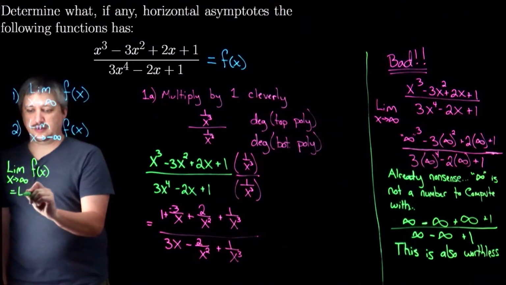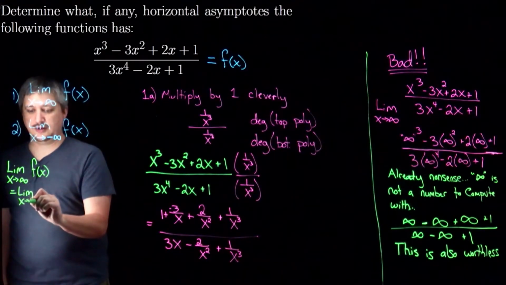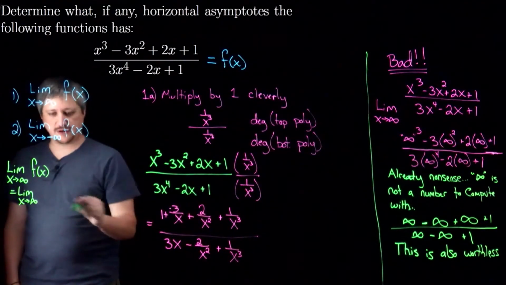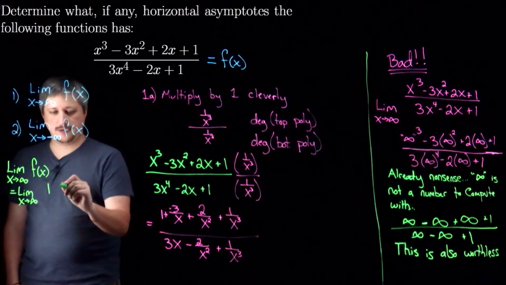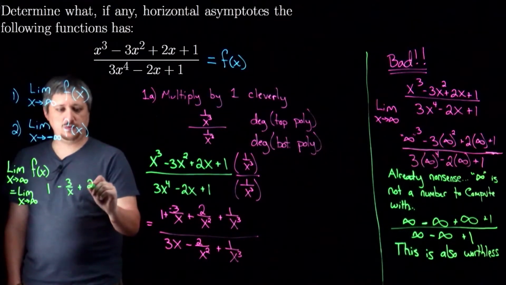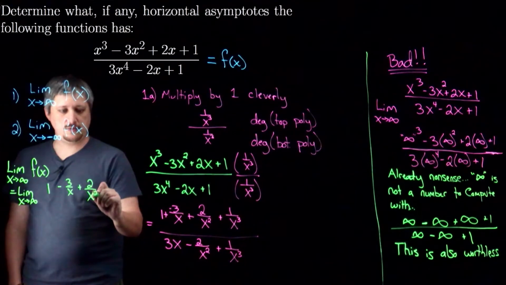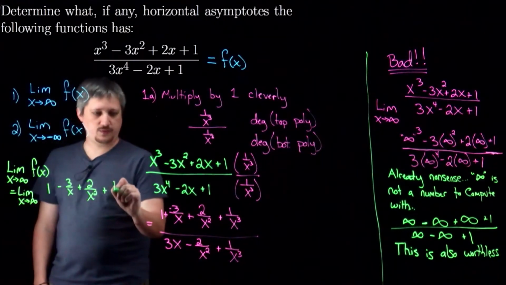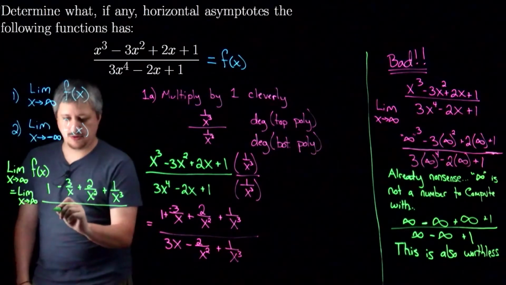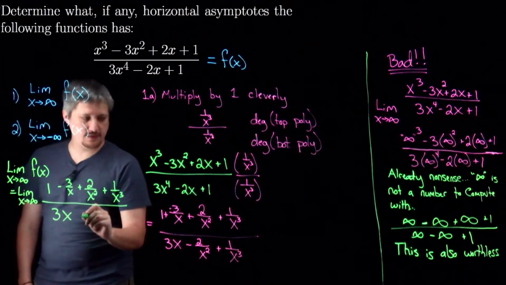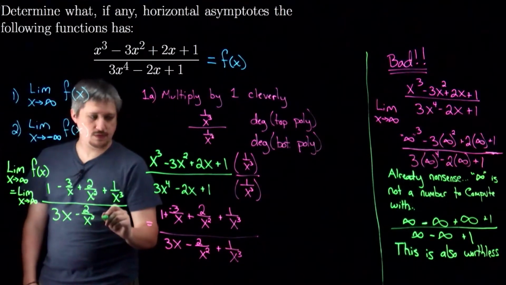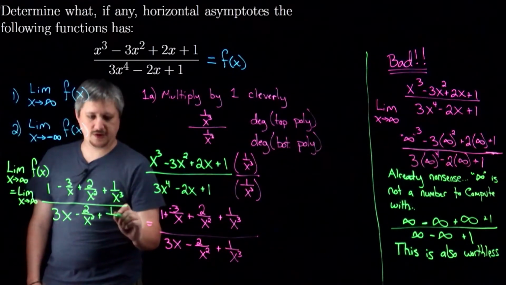that equals the limit as x goes to infinity of this same thing that I had right here, right? So this is 1 minus 3 over x plus 2 over x squared plus 1 over x cubed, over 3x minus 2 over x squared plus 1 over x cubed.